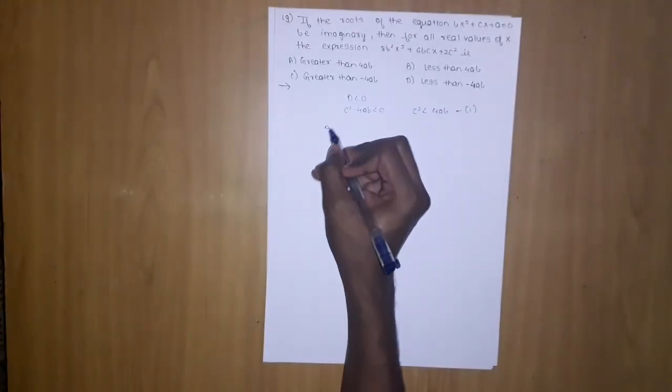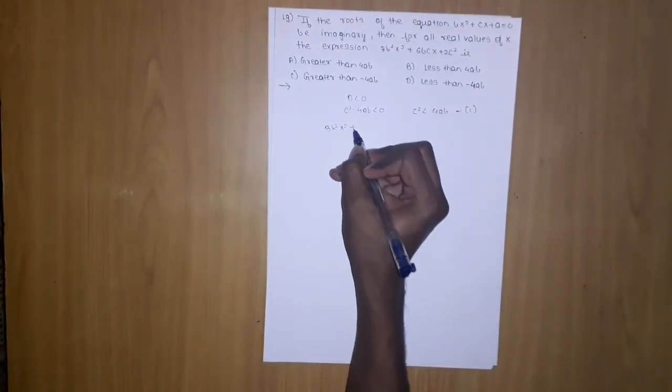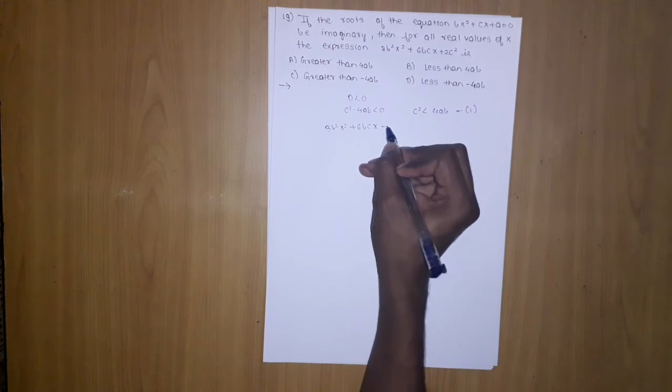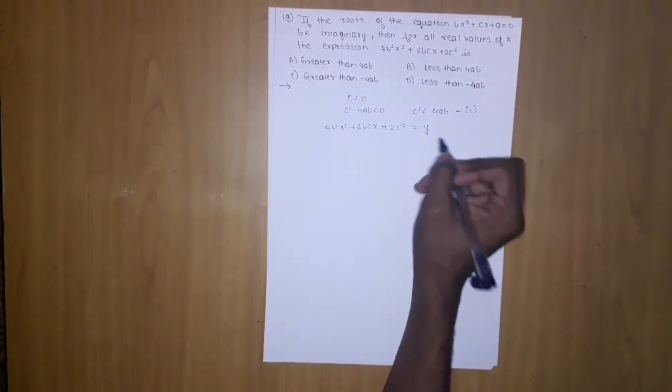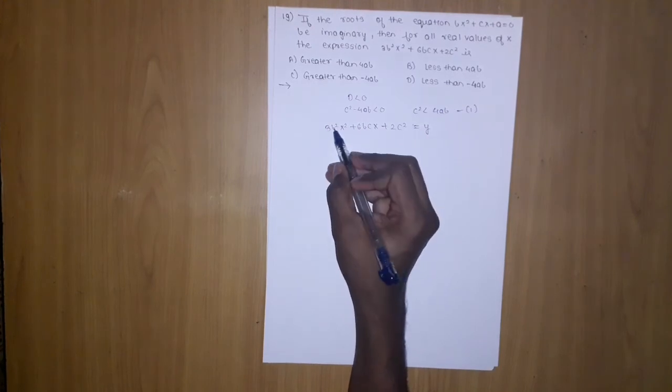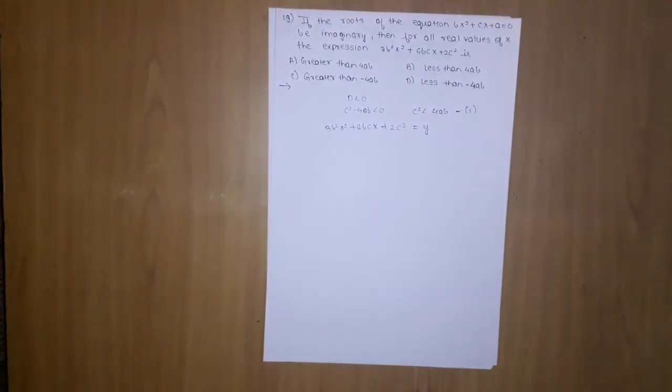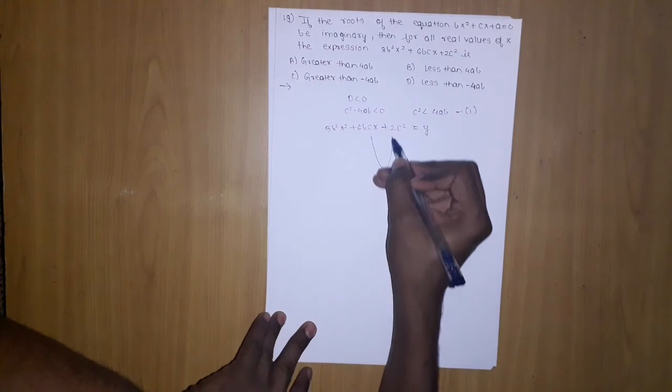Now if we observe, this is 3b square x square plus 6bcx plus 2c square. This is the f of x or y. Now what do you observe? This is b square, so it will always be positive, so it is an upward parabola.